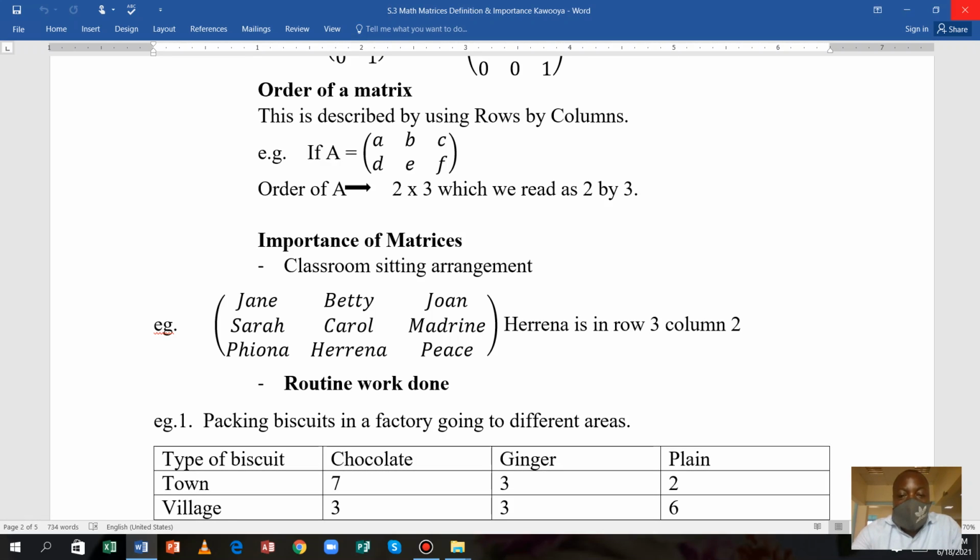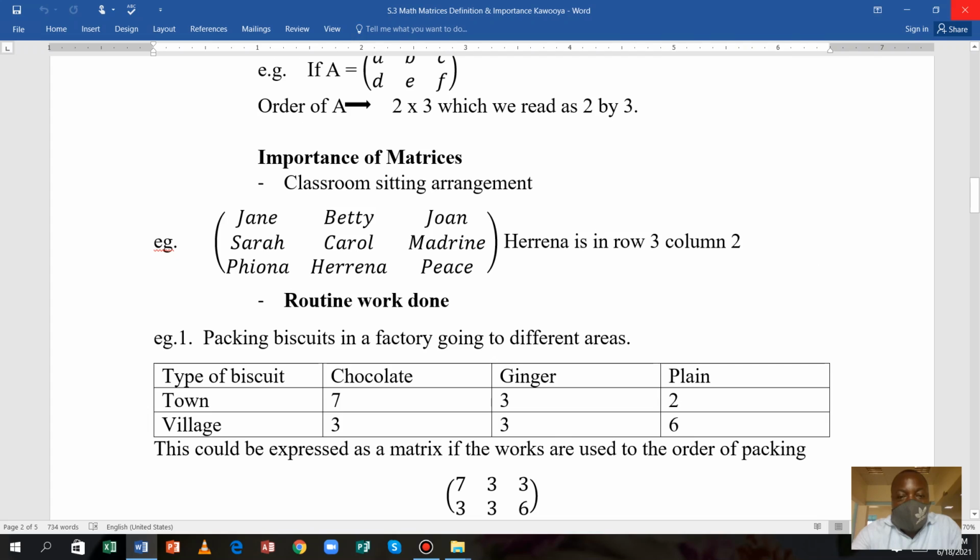Importance of matrices. There are so many, but a few we can talk about. We can look at a simple example of classroom seating arrangement.